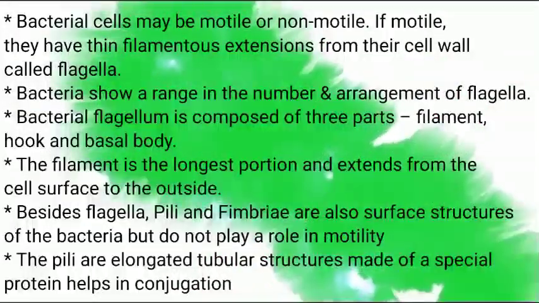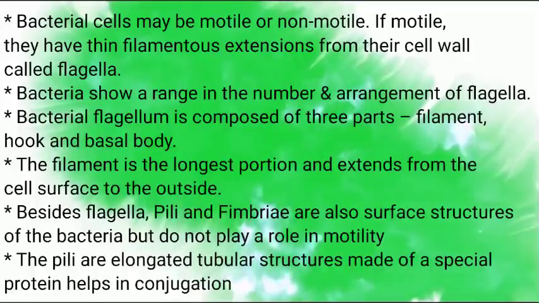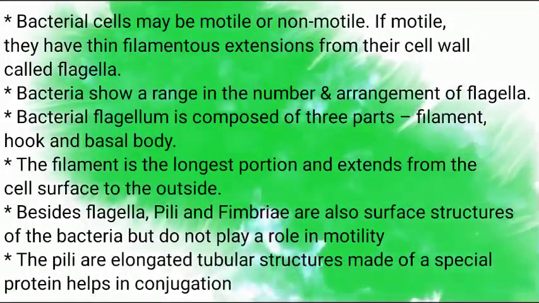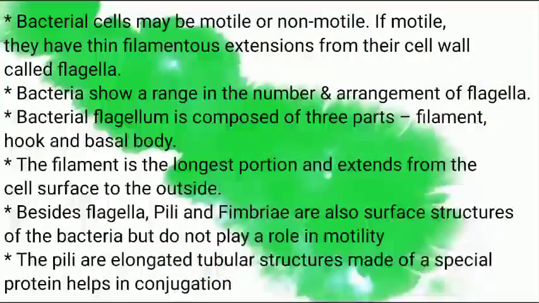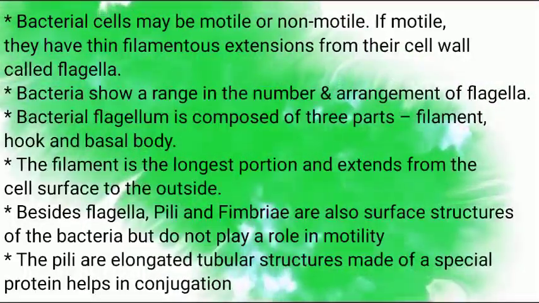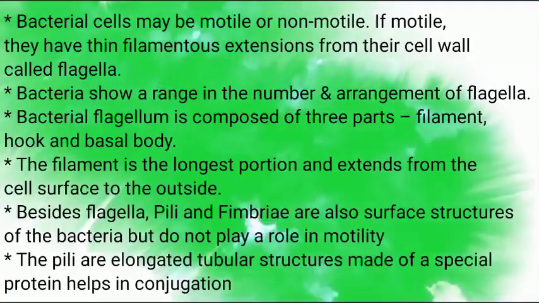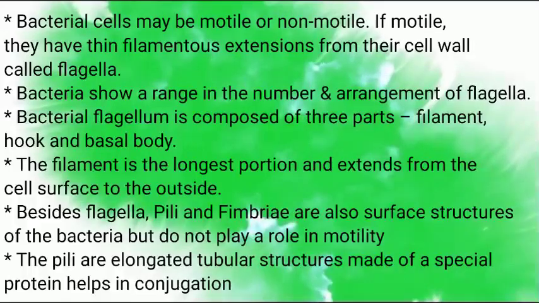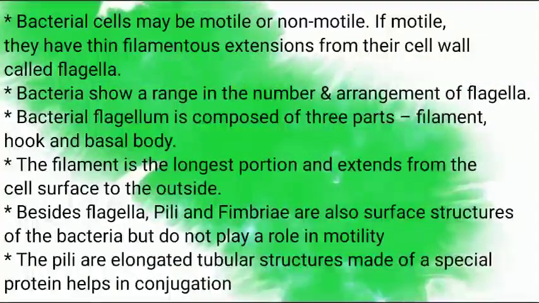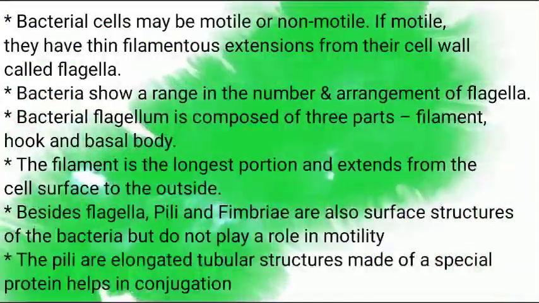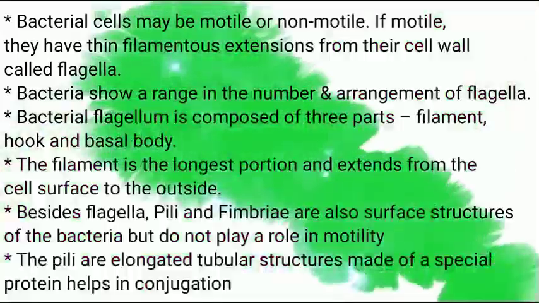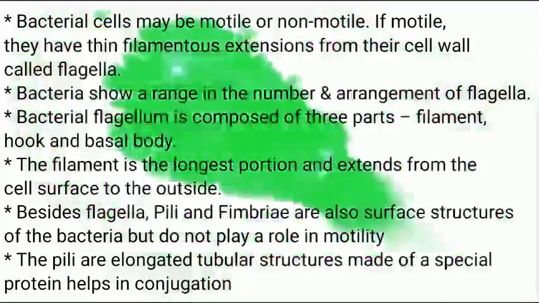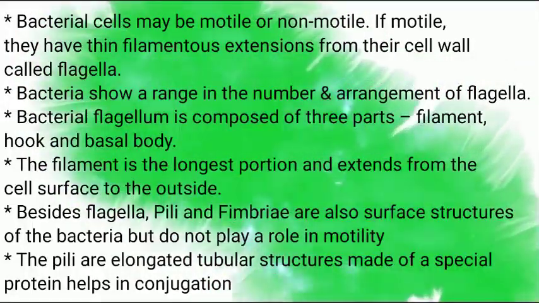Bacterial cells may be motile or non-motile. If motile, they contain filamentous extensions called flagella from the cell wall. Bacteria show a range in the number and arrangement of flagella. Flagella are composed of three parts: filament, hook and basal body. The filament is the longest portion and extends from the cell surface to the outside. Besides flagella, bacterial cells also contain pili and fimbriae.